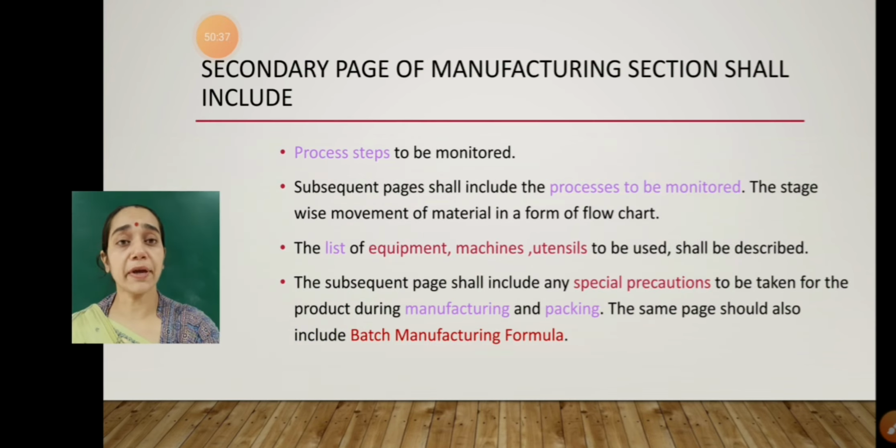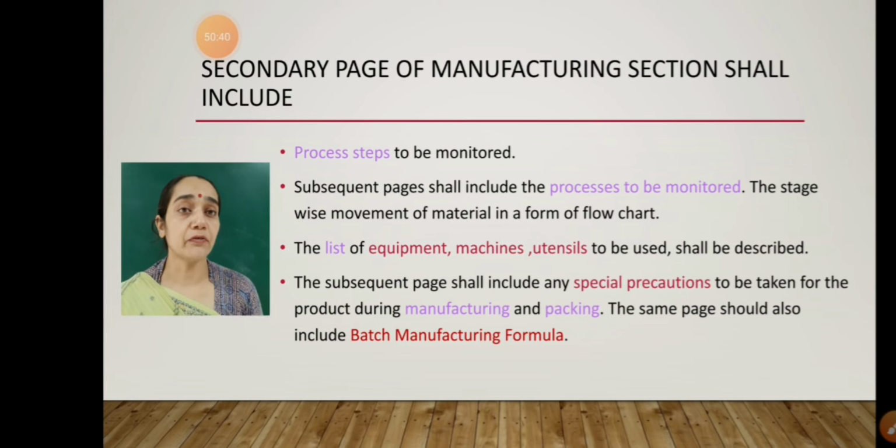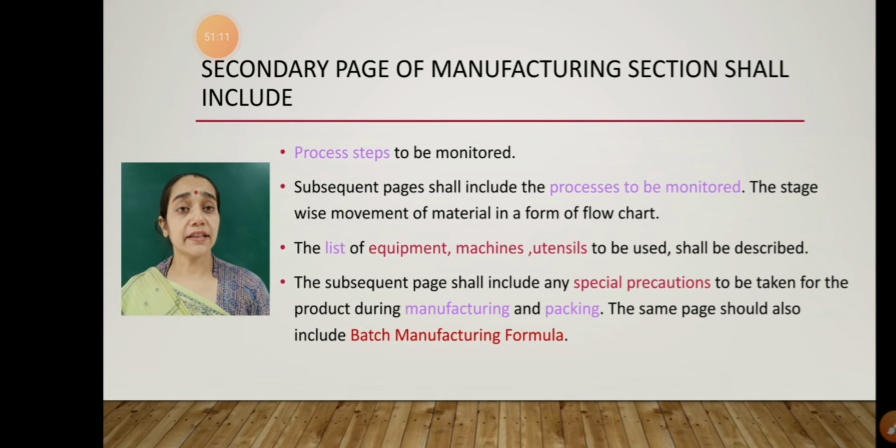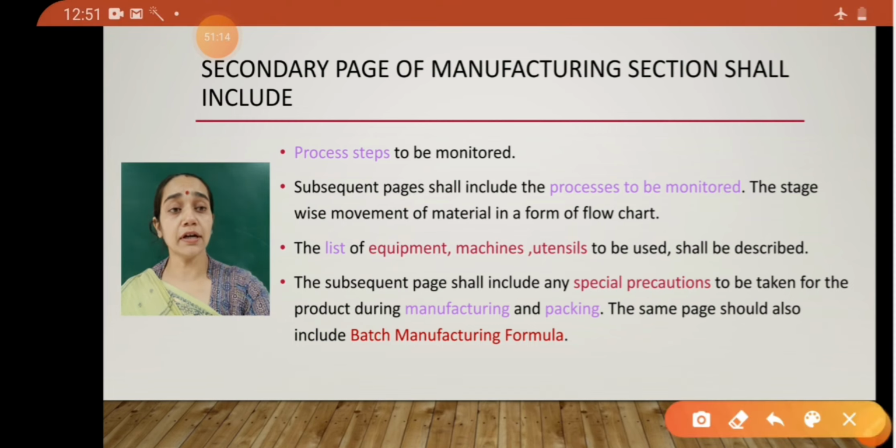Then the secondary pages of the manufacturing section. The first page will contain all the product details in the packaging section as well as in the manufacturing section. After the first page, the attached pages are the secondary pages, and these will contain all the information about the processing steps, that is, how the process is going on.